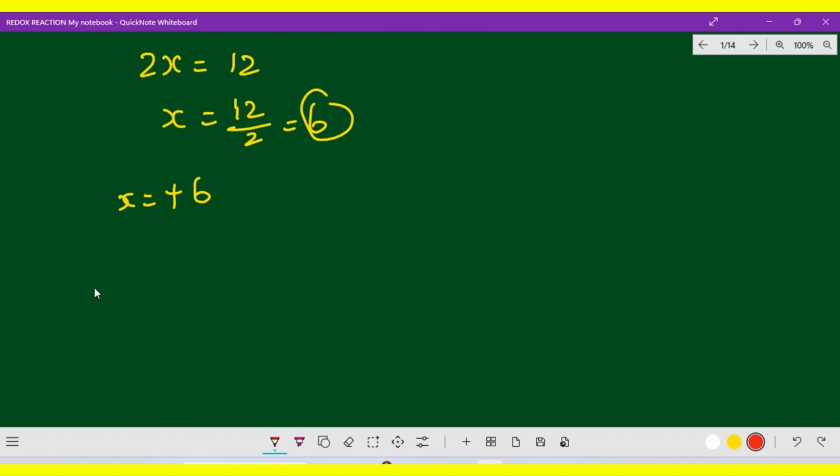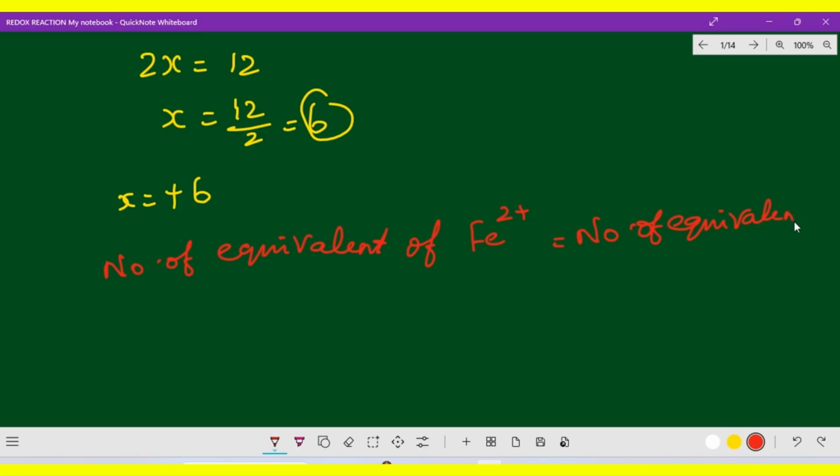As we mentioned above, here also we calculate the ratio of the moles. Here we can keep N3 and N4. How do we keep N3 and N4, and for whom? Number of equivalents of Fe2 plus is equal to number of equivalents of Cr2O7 2 minus.